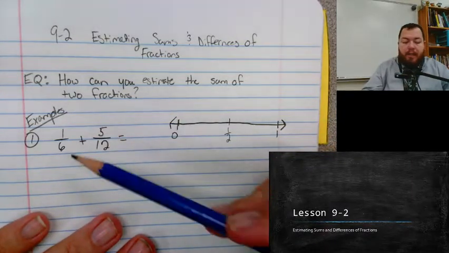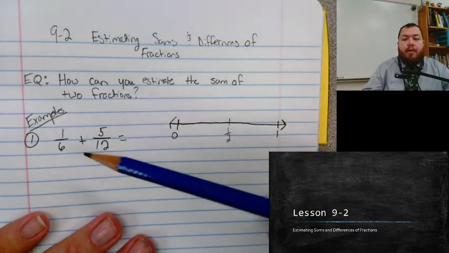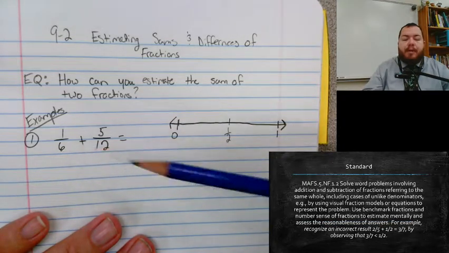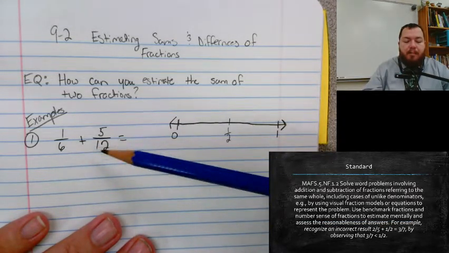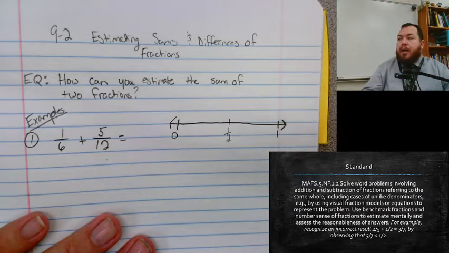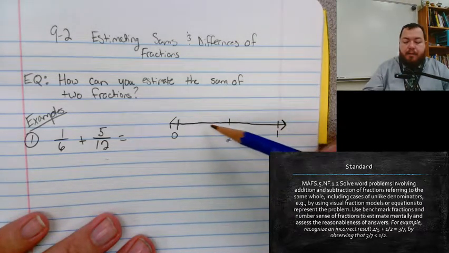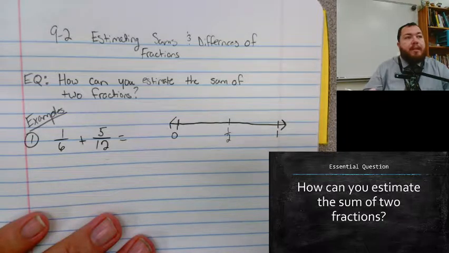Well, I need to look at my biggest denominator, which is 12. And I need to divide my number line up into 12 pieces.